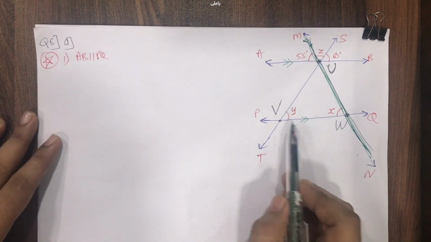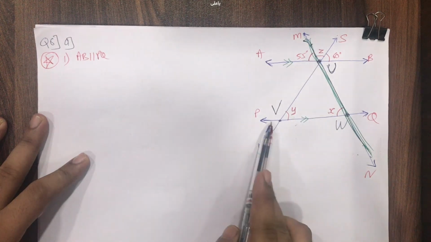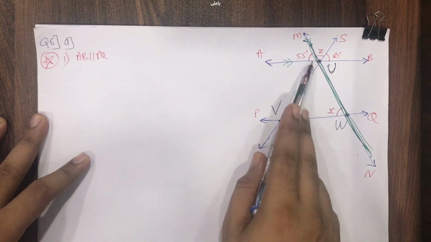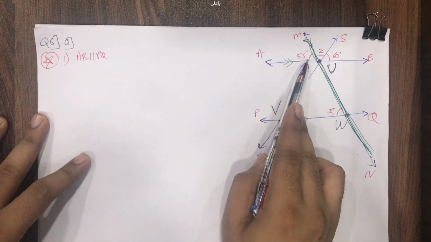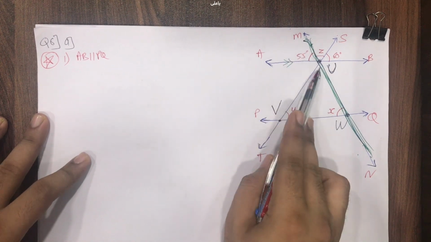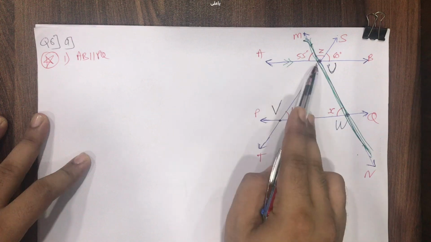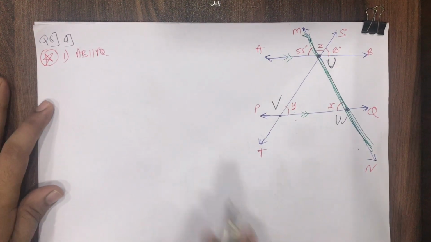So what is the name of this angle X? The name of this X is UWV, or you can say VWU. What's the name of this 55? MUA, because the point is U. MUA, or you can say AUM. I'll call it MUA. Please see here, how will I write?